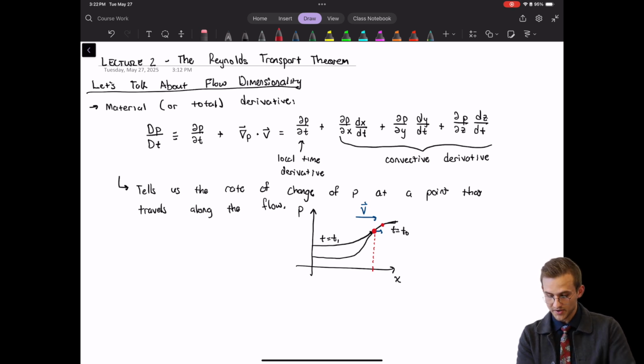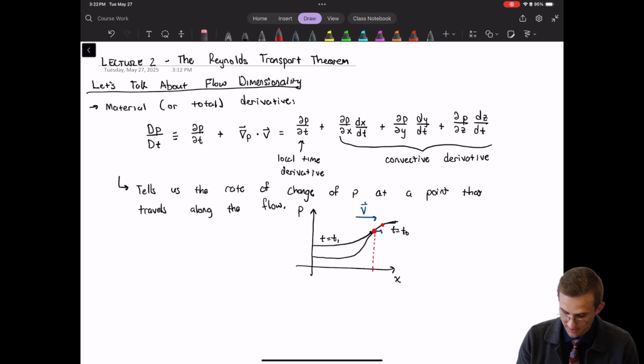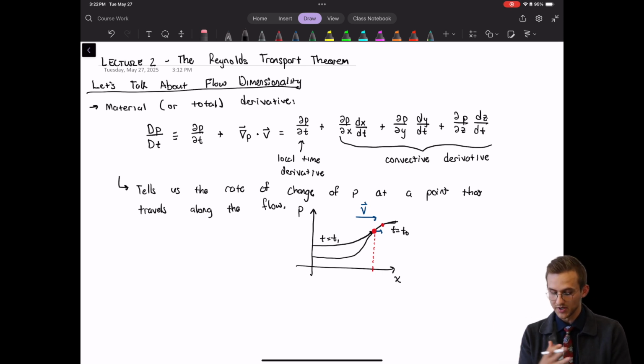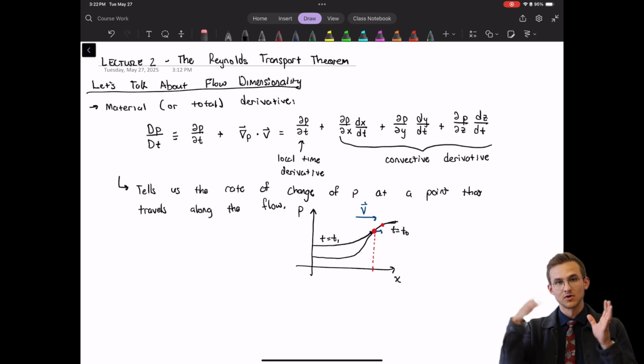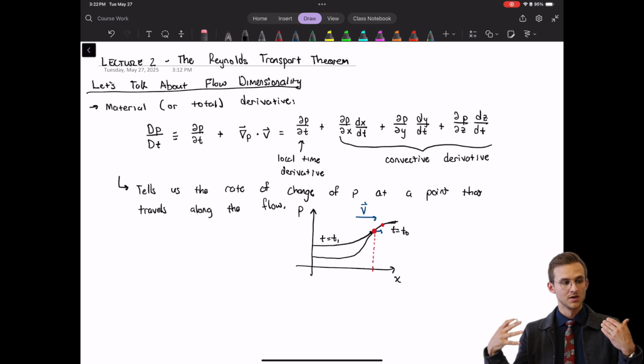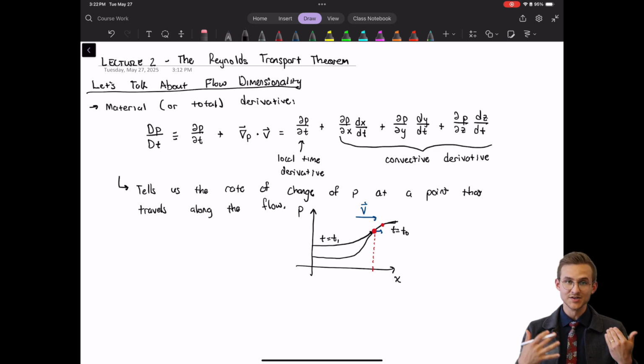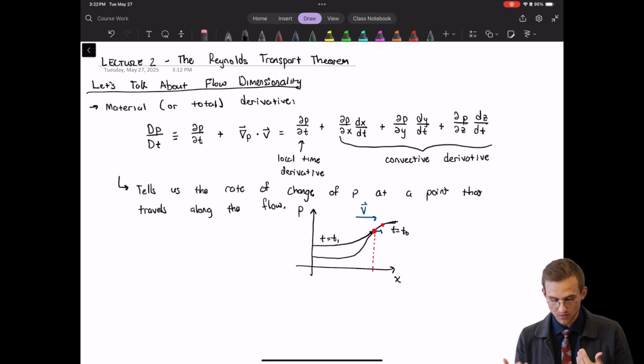And so that's really all the convective derivative is, it's just accounting for change in a property as you move through the property. And then of course you could have both going on at the same time. The overall underlying pressure field could be changing and you could be moving through the fluid. So that's why the material derivative describes the rate of change of some property at a point that travels through the flow.